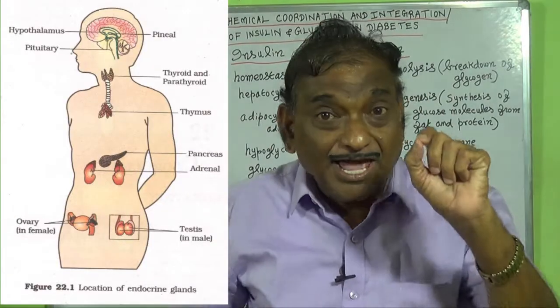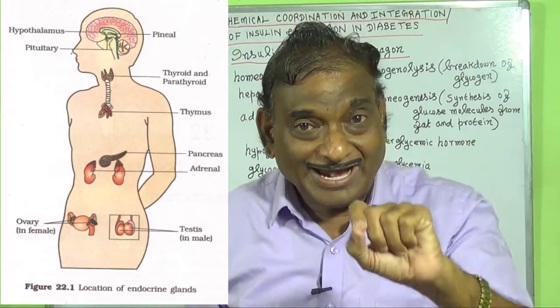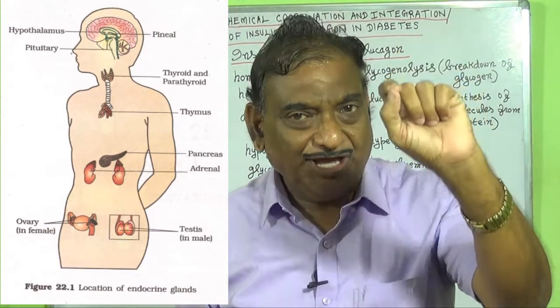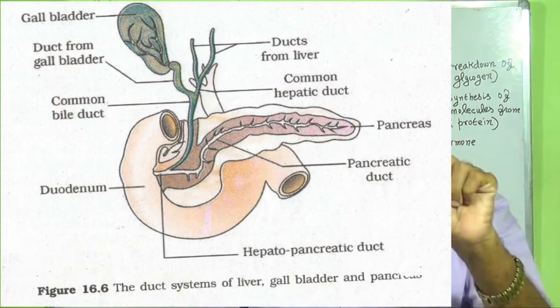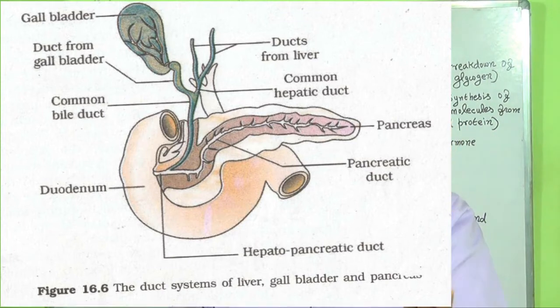If you see the diagram of the location of endocrine glands, you can see the location of the pancreas. If you see the diagram of the duct systems of the liver, gallbladder and pancreas, you can see the structure of the pancreas.